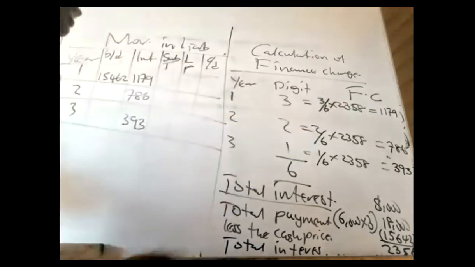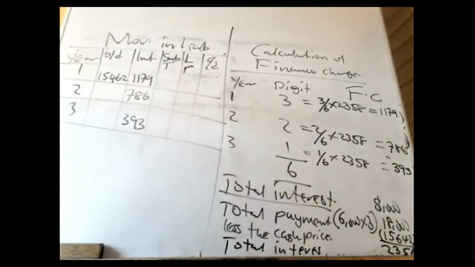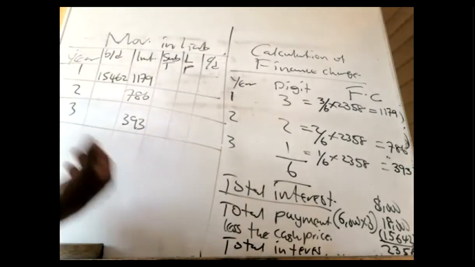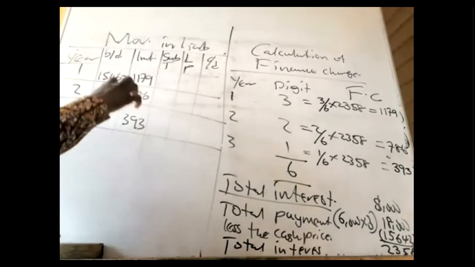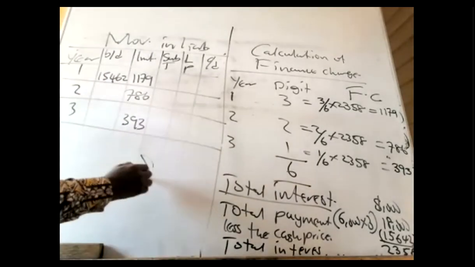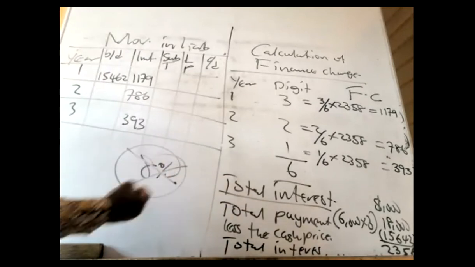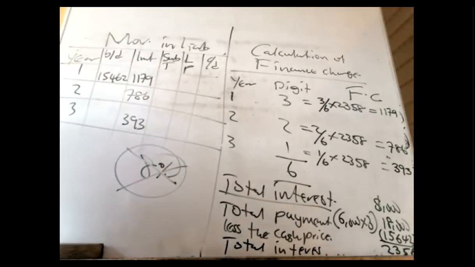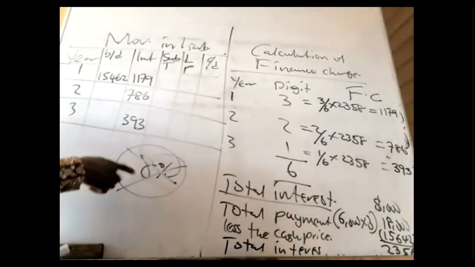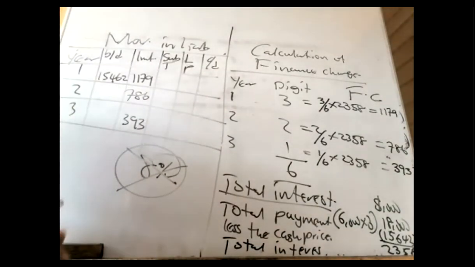So that's the figure that you are going to take to the P&L as the finance cost. That's the interest. Even if there's an 8% finance cost in the question, don't use it when you're using the sum of the year digits. The moment you use the 8%, it means you're using what we call the actual method.